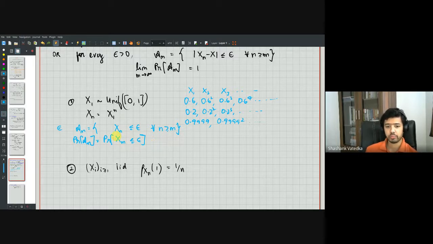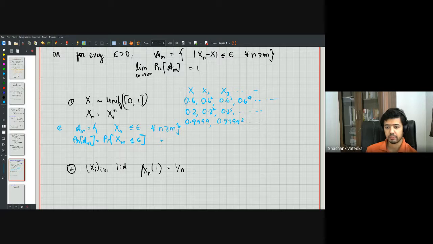So what is the probability that xm is less than or equal to epsilon? Is this step clear? I claim that the probability of AM, that is the probability that xn is less than or equal to epsilon for all n greater than or equal to m, is equal to the probability that xm is less than or equal to epsilon.